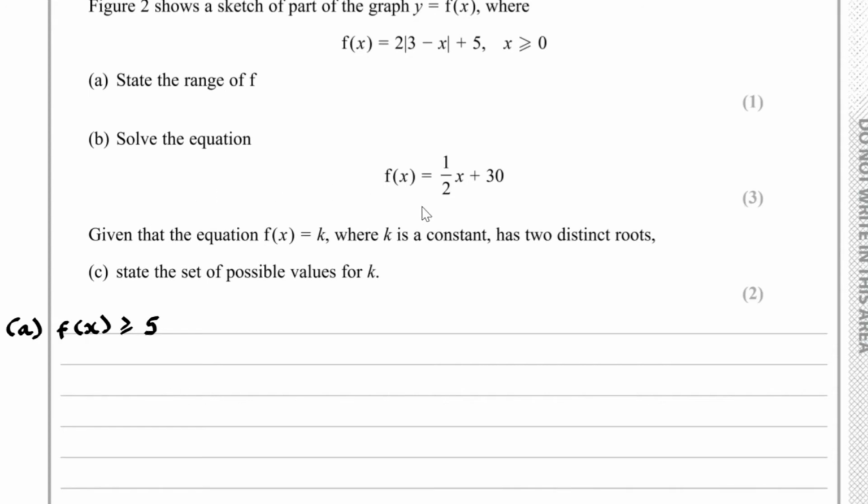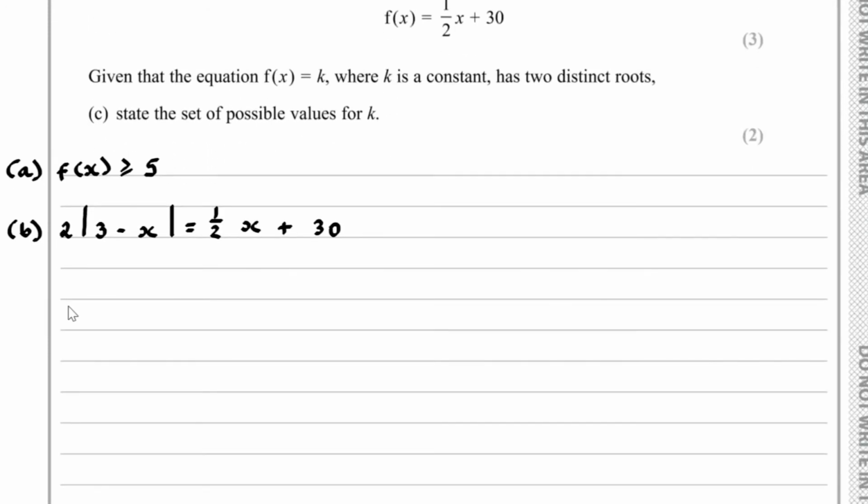And now for part B, we have to solve the equation f of x equals 1/2 x plus 30. So, for part B, I've got two lots of the mod of 3 minus x equaling 1/2 x plus 30.